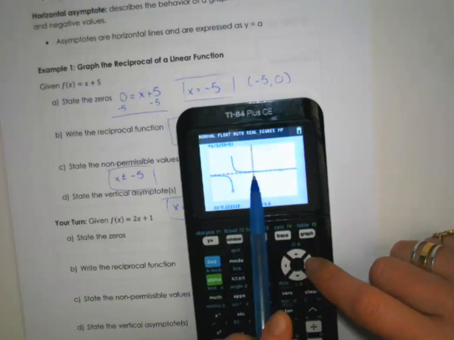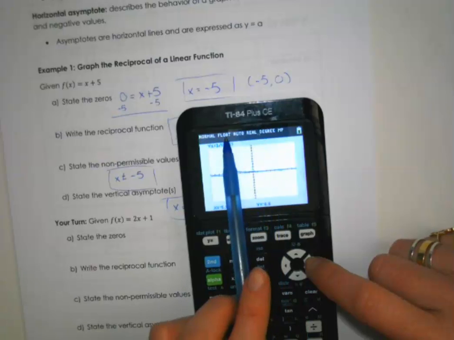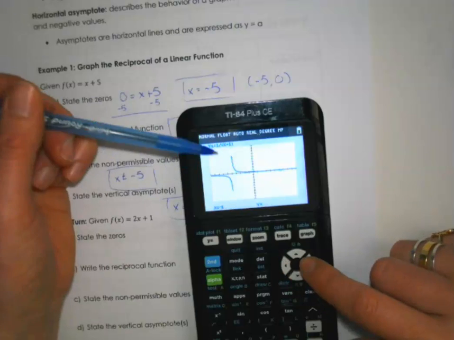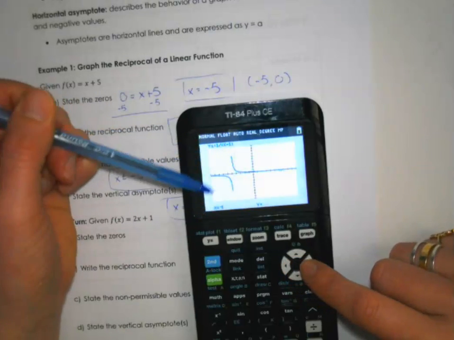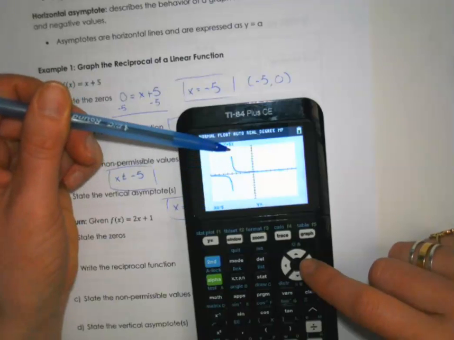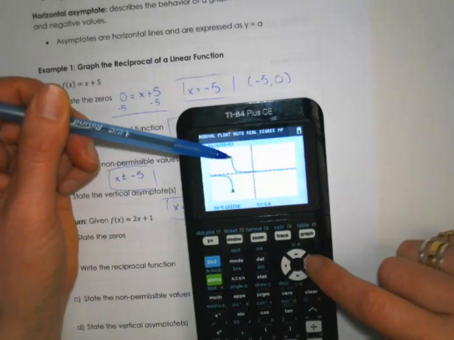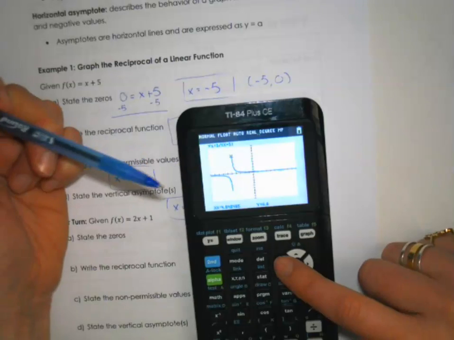I don't know why the graphing calculator doesn't graph the full function extending into infinity. But what that's showing you is that negative 5 is your non-permissible value, because it jumps from one component of the function to the other.